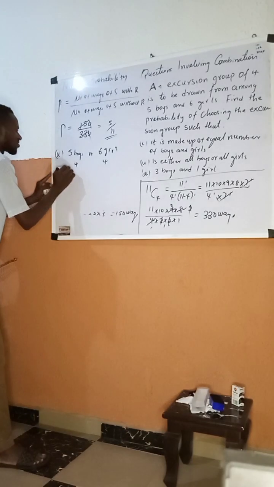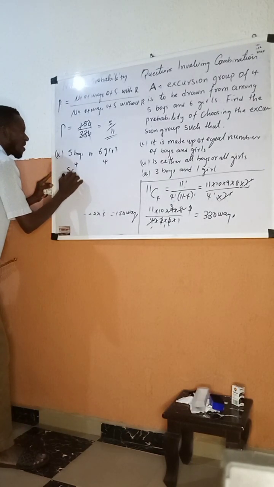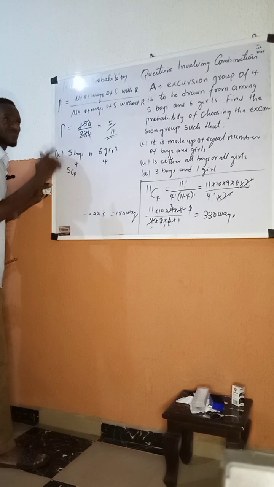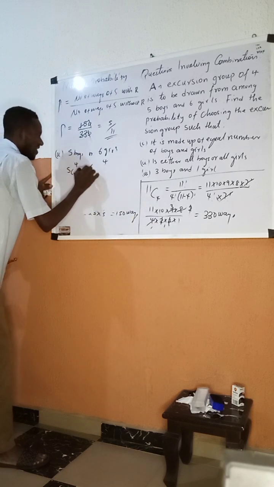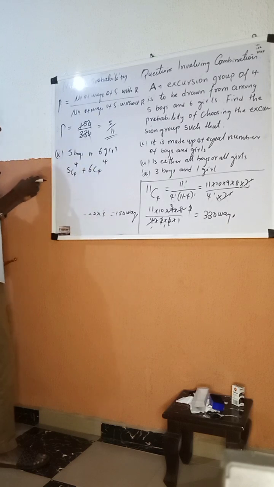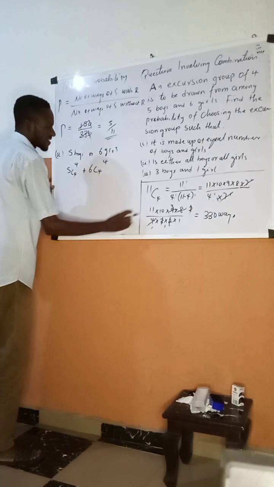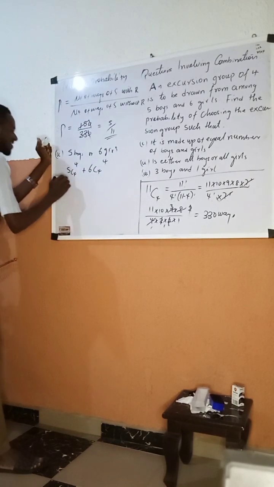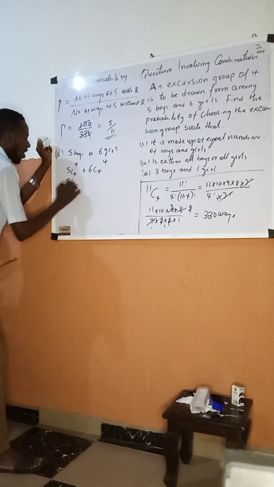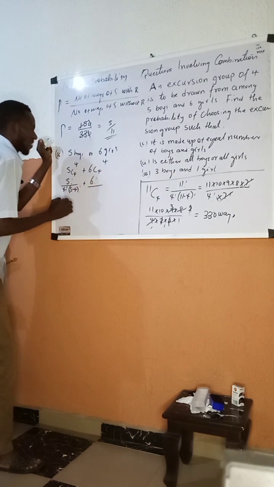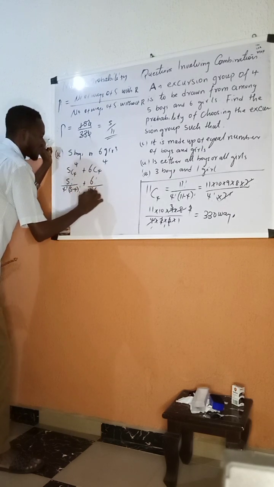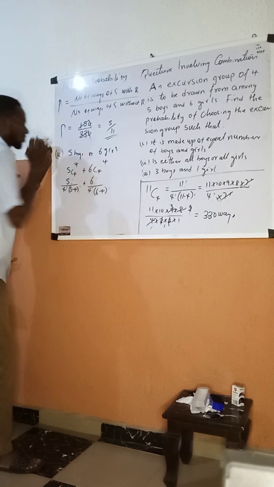In that case, it is going to be 5 combination 4, plus, because or means plus, 6 combination 4. Then we expand the usual way we have been doing: 5 factorial over 4 factorial times (5 minus 4) factorial, plus 6 factorial over 4 factorial times (6 minus 4) factorial.